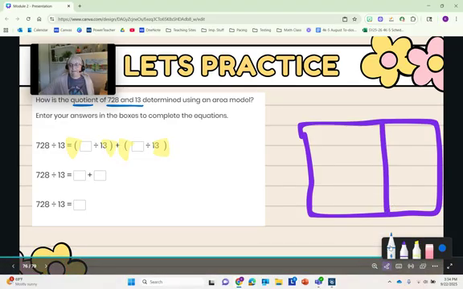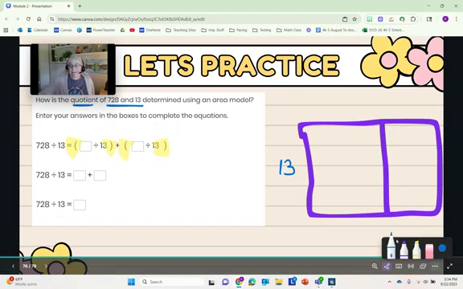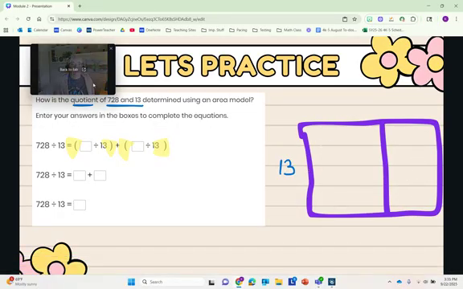All right, so let's start filling in some numbers of what we know. We know that we have 13, so 13 is going to go here. We're going to need a number here that's going to be in the tens, and a number here that's in the ones. And we know that the inside of this has to add up to 728.